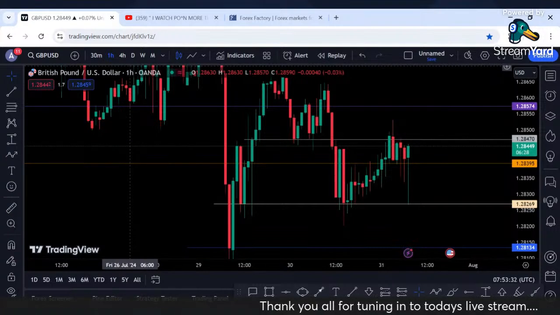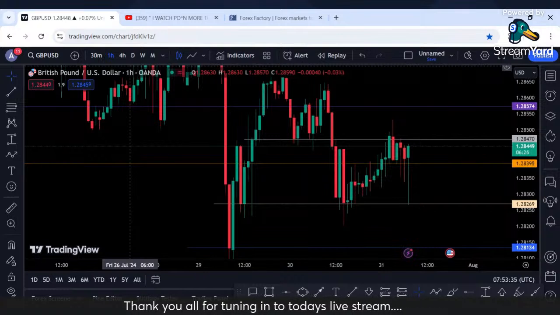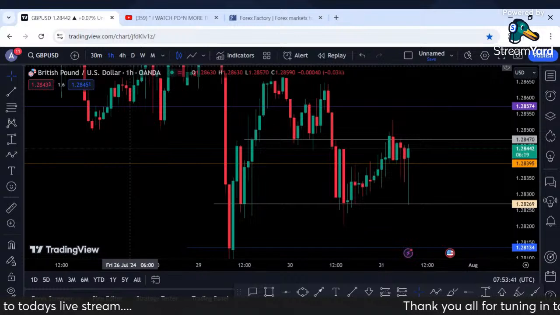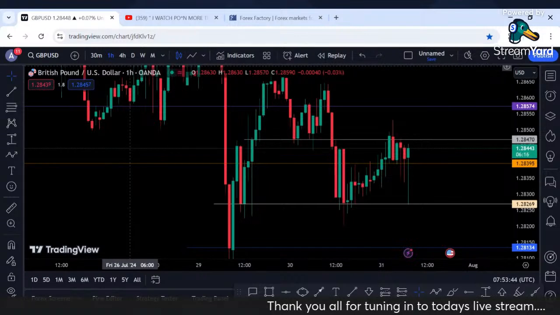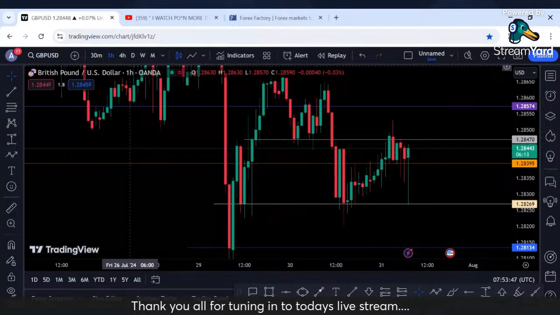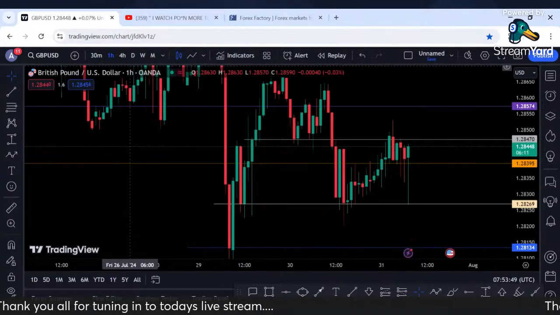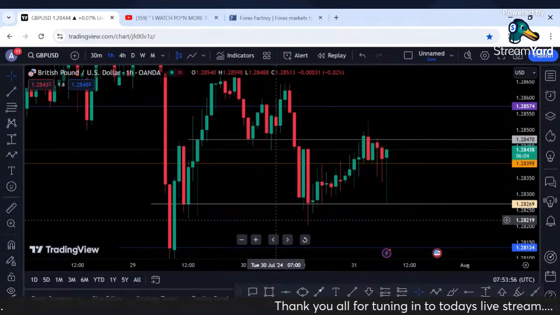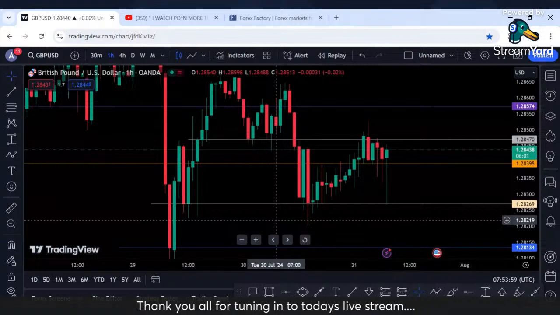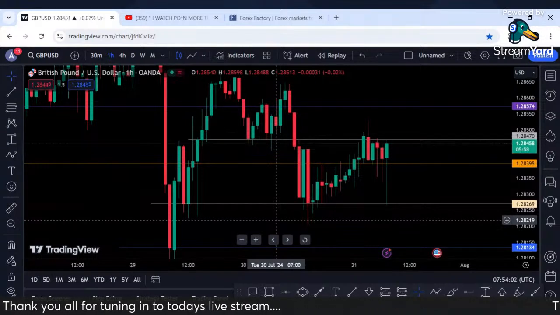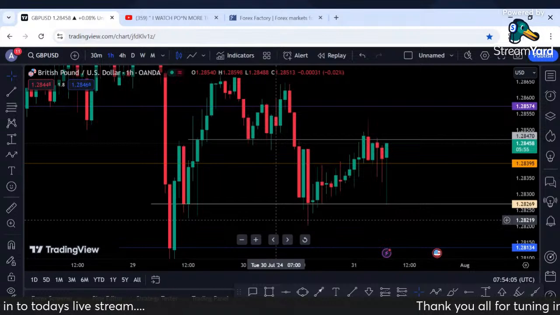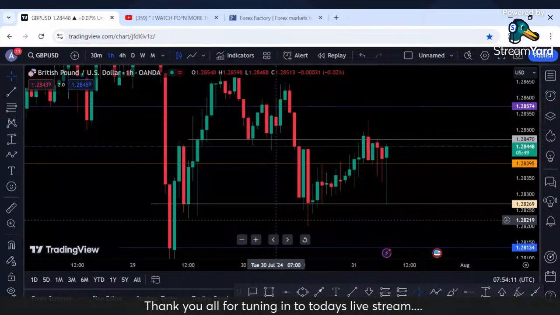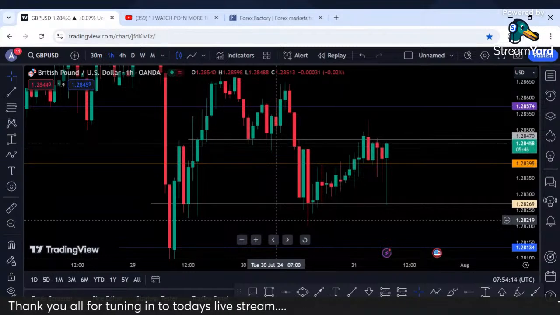You are trying to figure out, you are fucking around before you find out. On GBP USD.